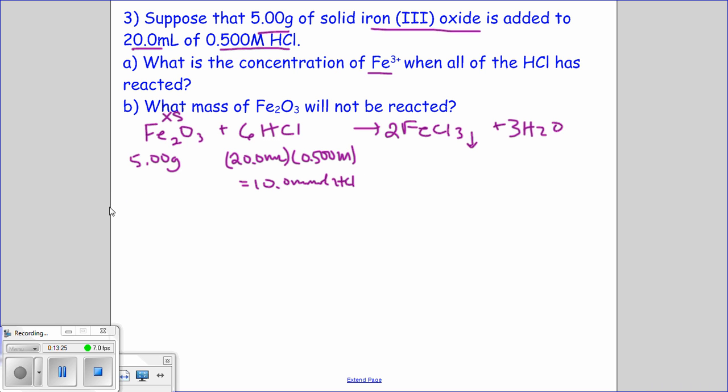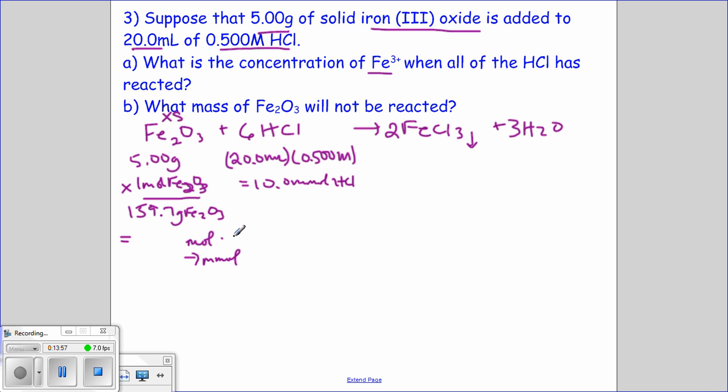And for the 5 grams of iron 3 oxide, where we have 1 mole of iron 3 oxide, oops, that's a 2 there, and that's a 3 there, divided by the molar mass of 159.7 grams of iron 3 oxide. This is going to give us some number of moles of iron 3 oxide, and we need to take that to millimoles since we want to compare similar units.